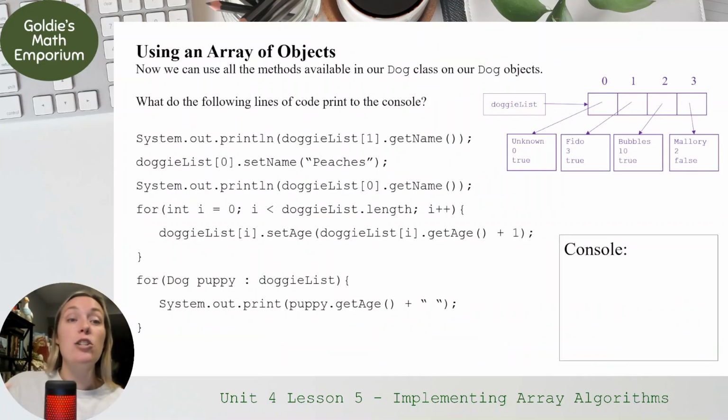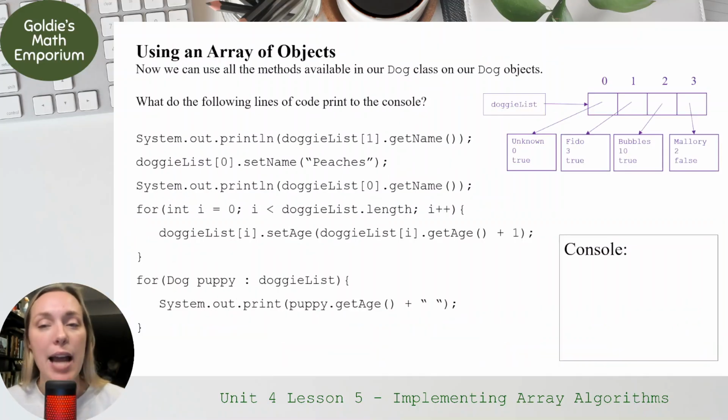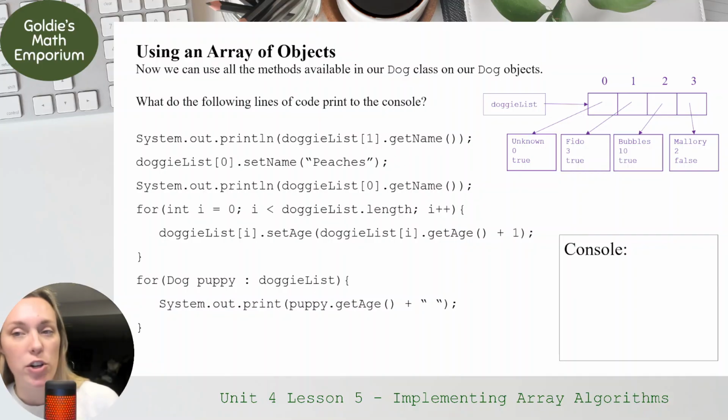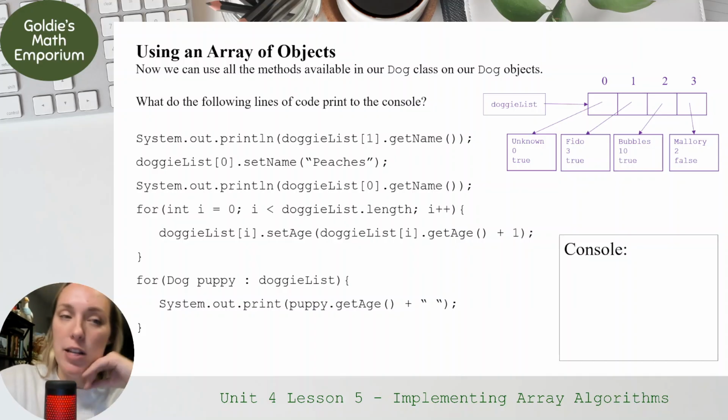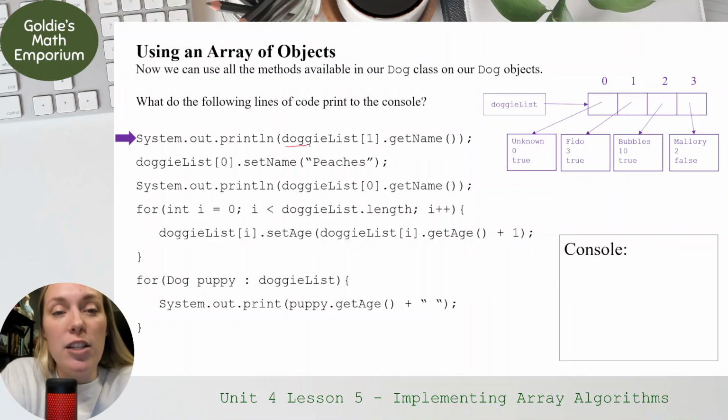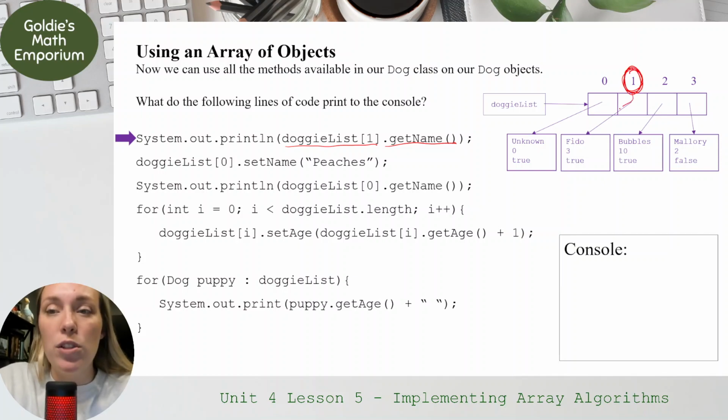Okay. Now let's talk about using it. So now that we have a doggy list and all of our dogs are created, we can use them. What do the following lines of code print to the console? Okay, so let's trace through and let's see this. So if I have system.out.println doggy list 1.getName, okay, trace through what that means. Doggy list 1 is the dog at index 1. Who's the dog at index 1? Get their name and print it off.